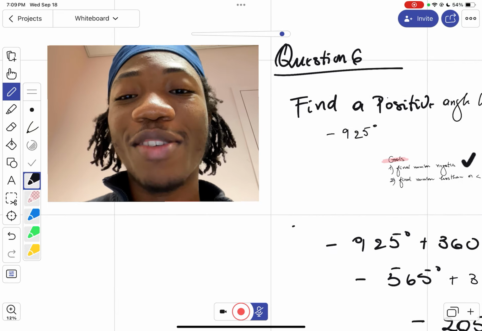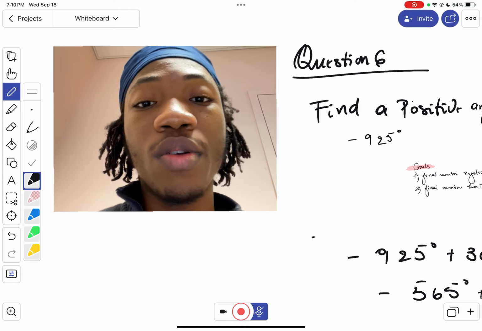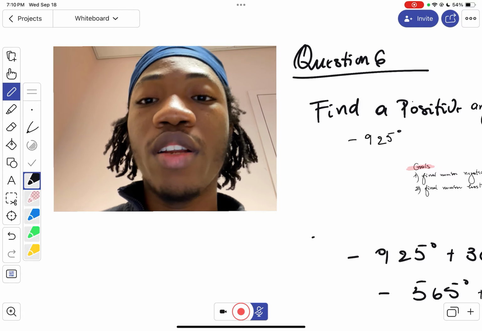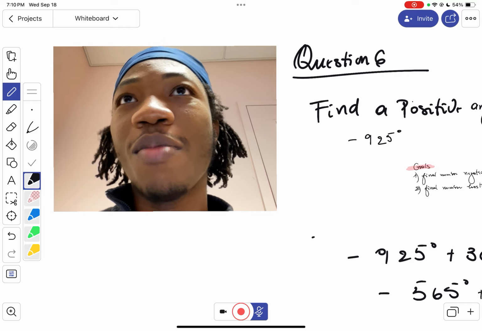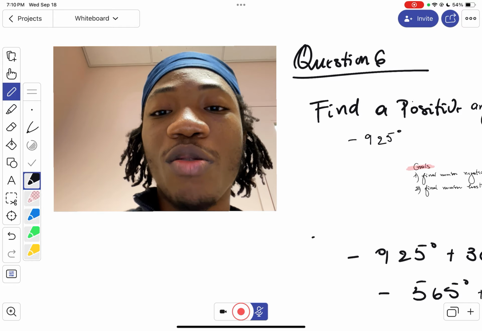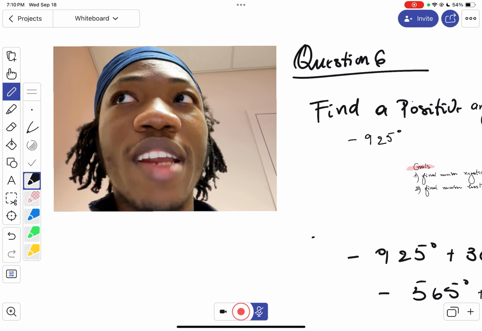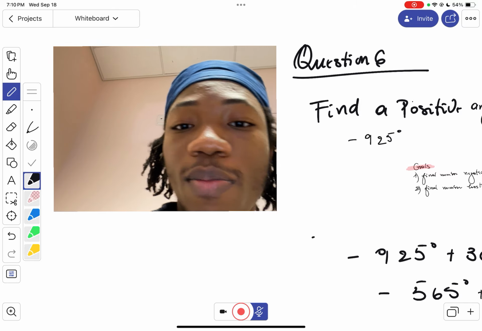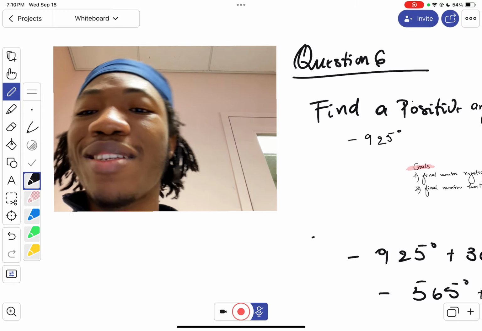To summarize everything again: when they give you an angle, no matter what kind, make sure you look at the sign. It might be 125, or it might be minus 125, which is not the same thing, because one is positive and the other is negative. So pay attention to the sign and the number.